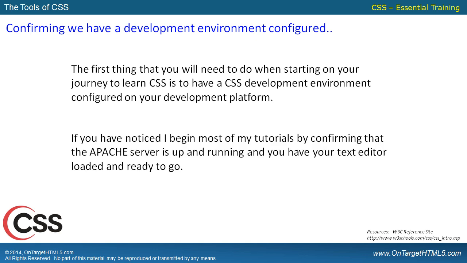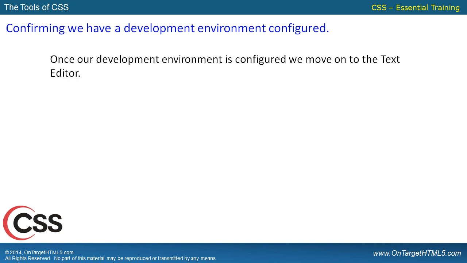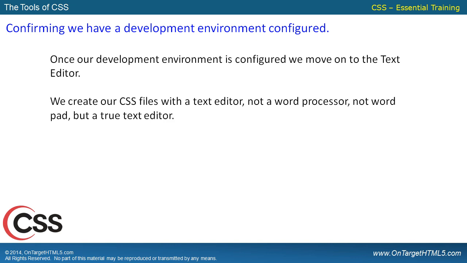If you've noticed, I begin most of my tutorials by confirming that the Apache server is up and running and we have our text editor loaded and ready to go. Once our development environment is configured, we move on to the text editor. We create our own CSS files with the text editor, not a word processor, not WordPad, but a true text editor.